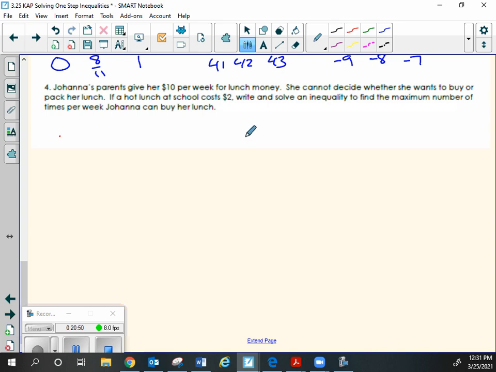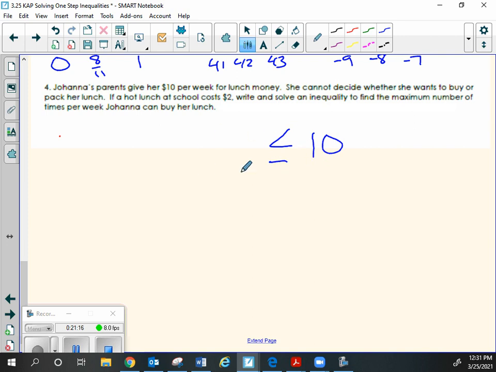What do you think? What are some parts of it at least? Less than or equal to. Okay, so yeah, what we can spend has to be less than 10, or it can be exactly 10.